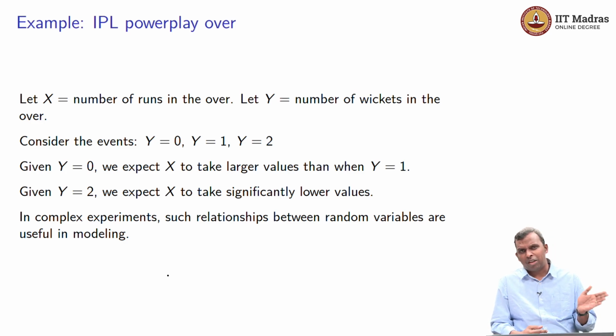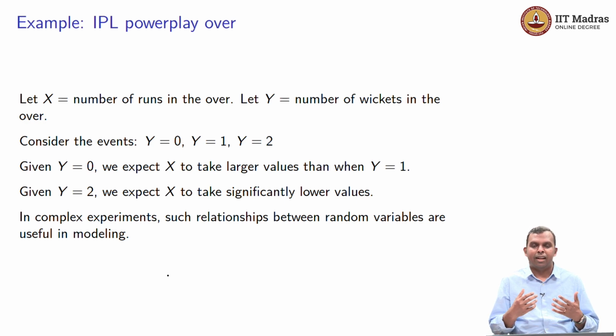So hopefully I've convinced you that there are experiments, both small ones and big sized ones, where defining multiple random variables, understanding relationships between them, and trying to model distributions between these random variables is of great use. So what are the main objects that we can focus on when we want to jointly study multiple random variables? That's what we're going to see next.